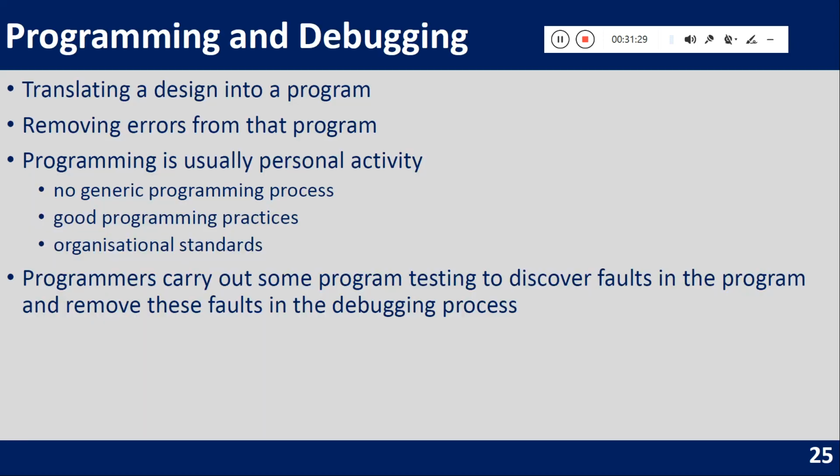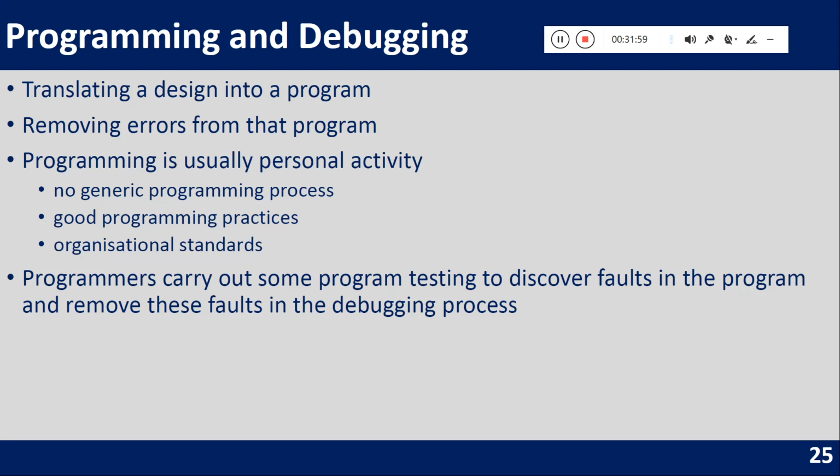Then it comes to the implementation part, where we need to translate the design into a program and remove the errors from the program. Programming is usually a personal activity, with no generic programming process, good programming, organizational standards.